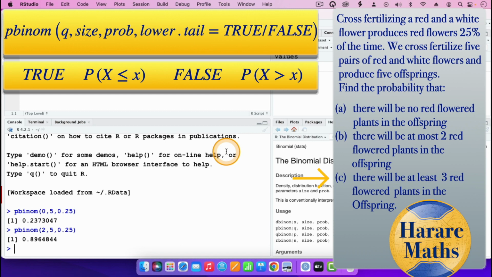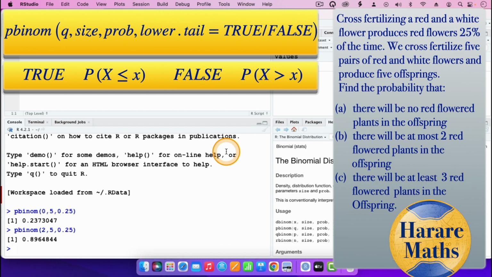I now move on to the last part, the probability of X greater than or equal to 3. When we are using RStudio with the binomial, it calculates X less than or equal to x or X greater than x. But in this case, we have greater than or equal to, so we have to change that.